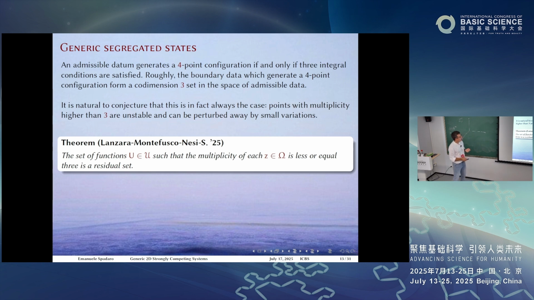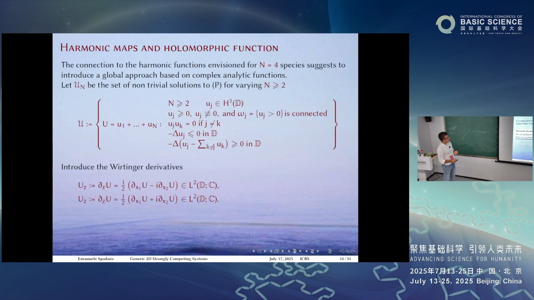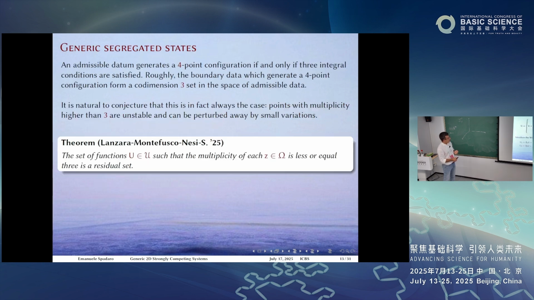And generically, in the sense of Baire category, so it's a countable intersection of open dense sets of solutions that have only 3 points. So that's our result. I will explain why. It also has something to do with a classification problem of solutions.